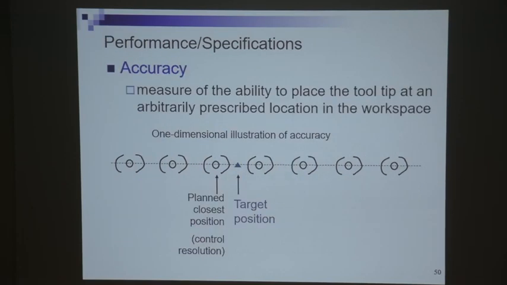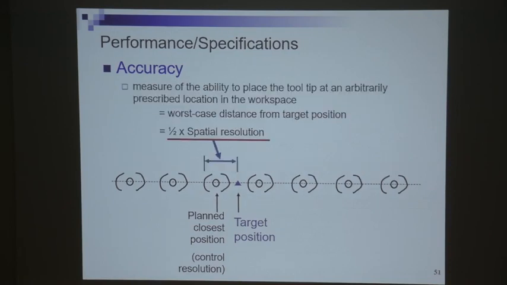When we talk about accuracy, it refers to the ability to place a tool tip at an arbitrarily prescribed position in the workspace. Again, we look at this one-dimensional illustration. If this is the target position, and this is your planned closest position, it will define your accuracy.